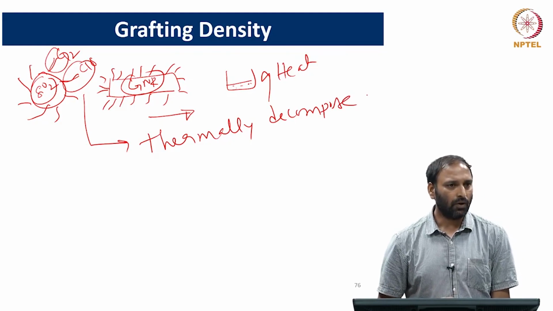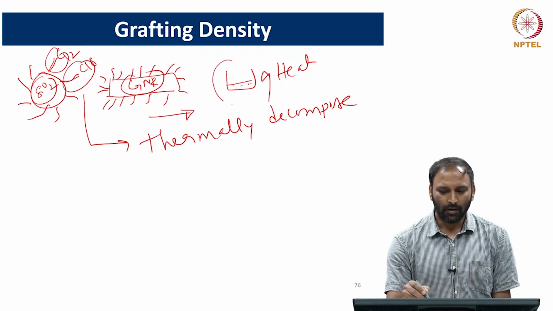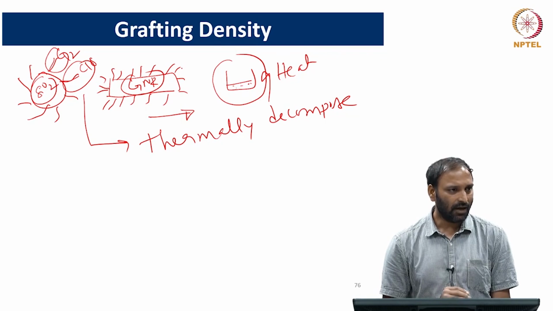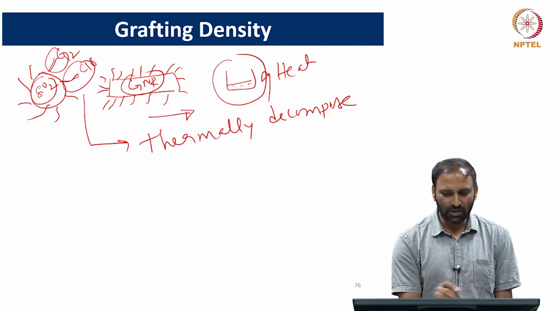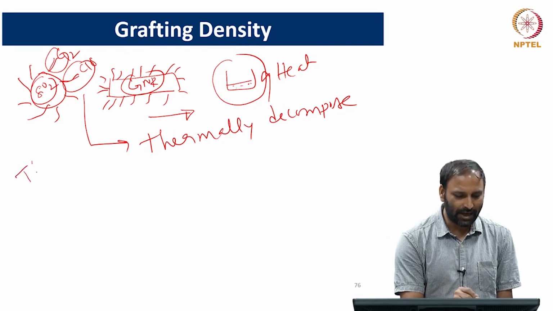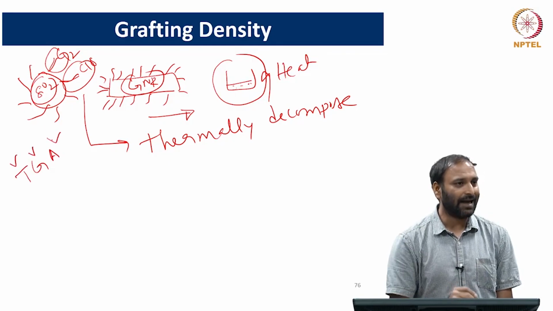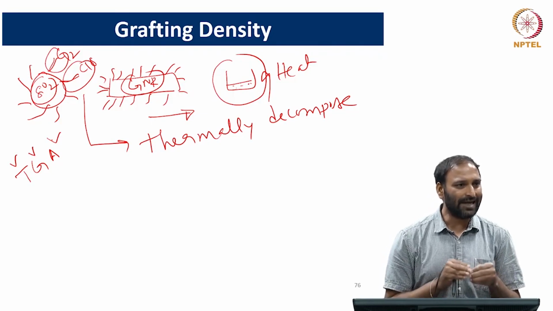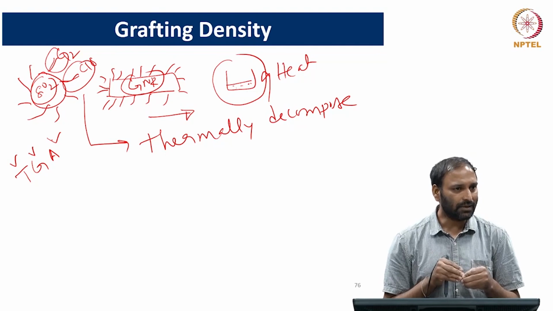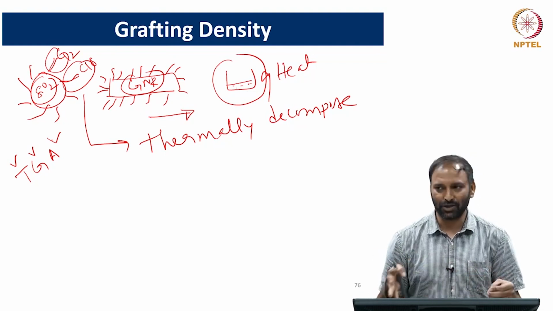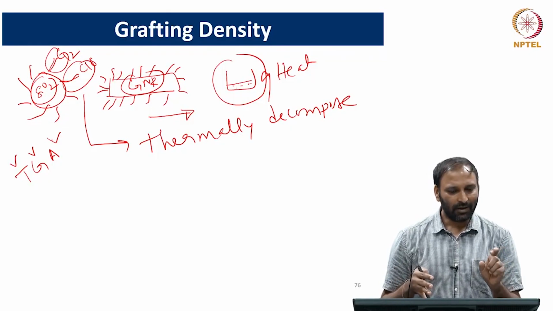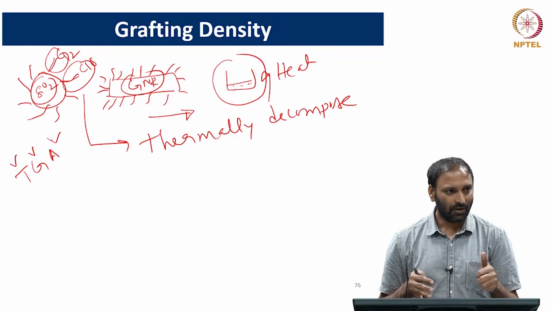There is a technique called TGA, thermogravimetric analysis, in which I can heat a sample at a controlled rate and temperature, and look for the change in mass.